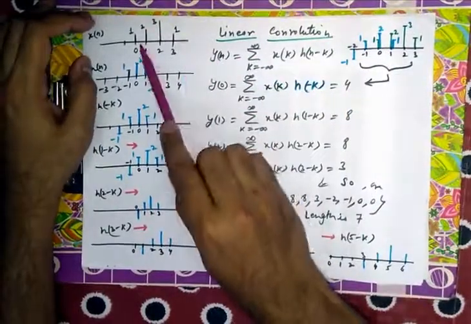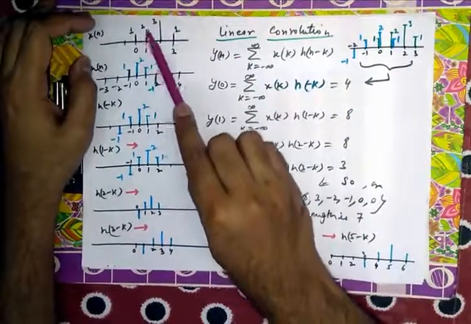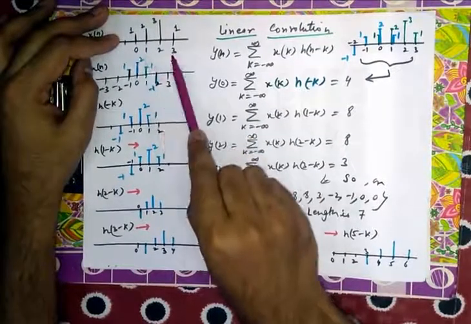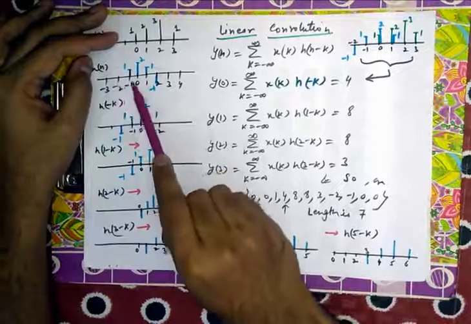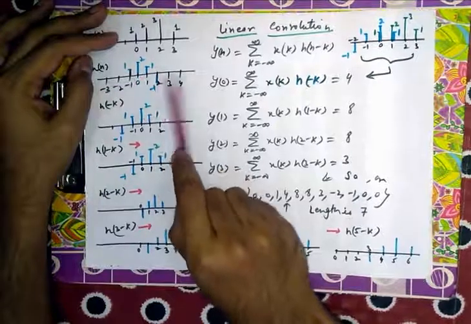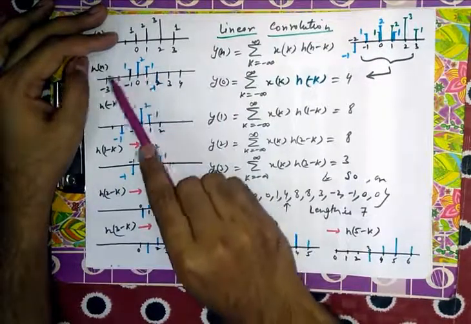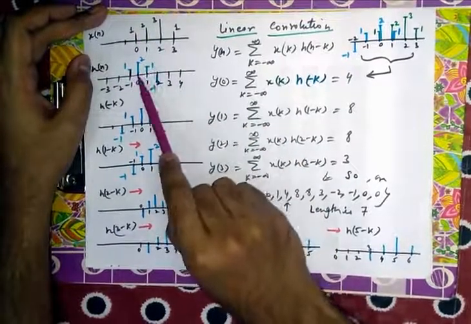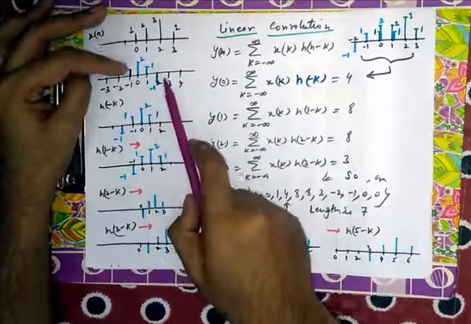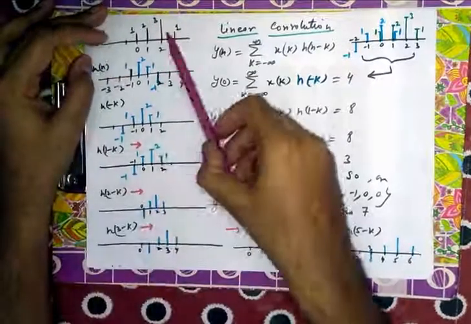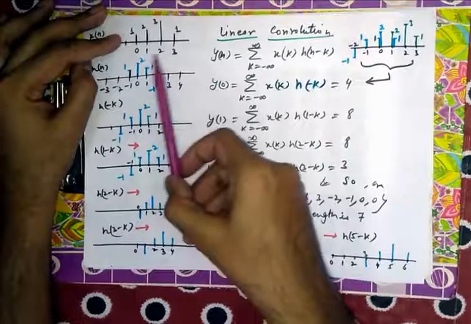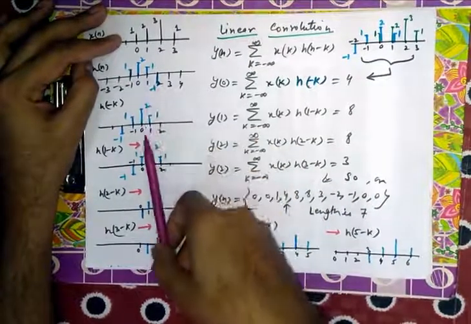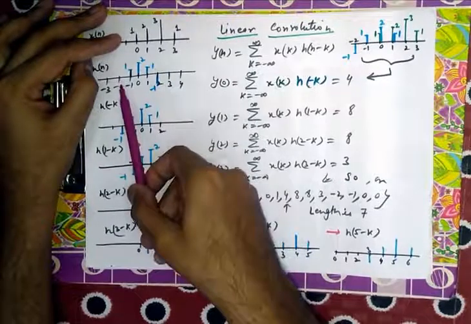Suppose we have the previous sequence 1, 2, 3, 4 at positions 0, 1, 2, 3, and h[n] is given as 1, 2, 1, minus 1. First we plot the signals on the graph and then fold the sequence. Folding is just inverting the sequence, so positive positions become negative and negative become positive. Position 0 stays as it is, and the other values move to the mirrored positions.